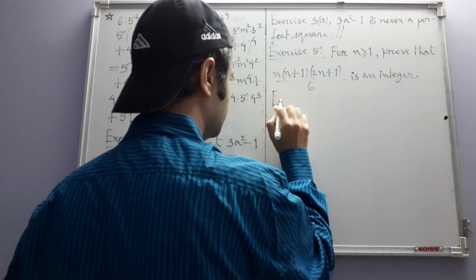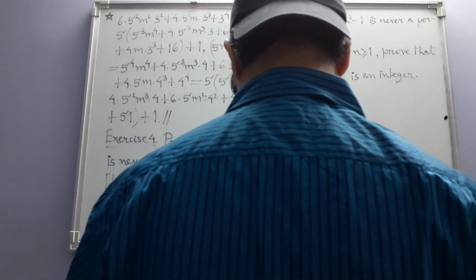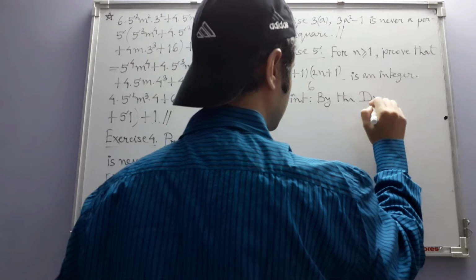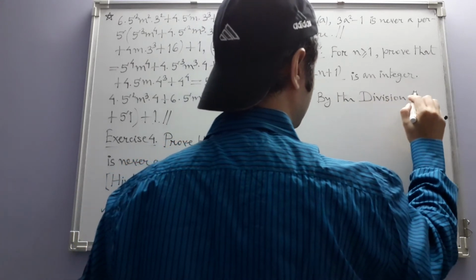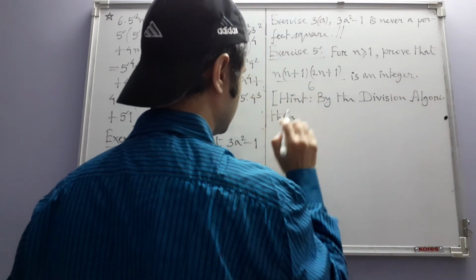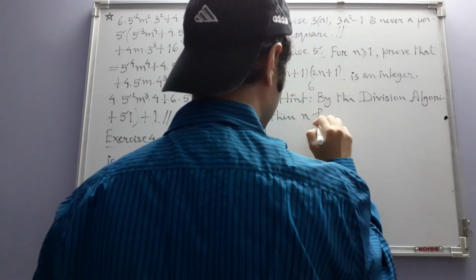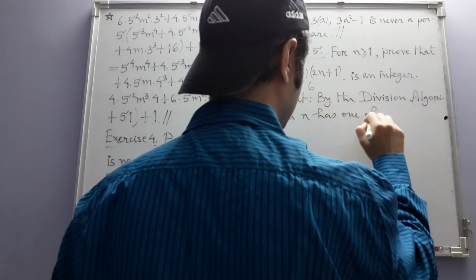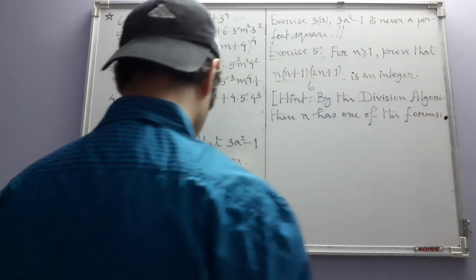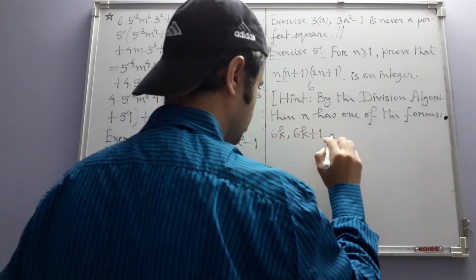In fact, a hint is given. By the division algorithm, n has one of the forms 6k or 6k plus 1 or 6k plus 2, like that.